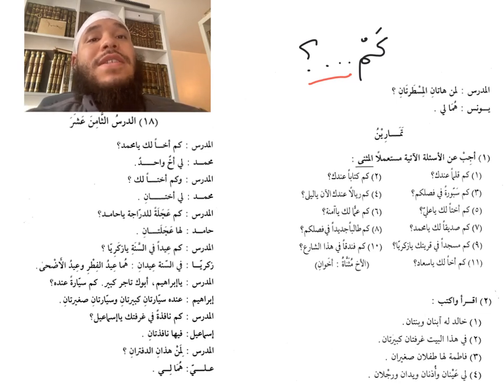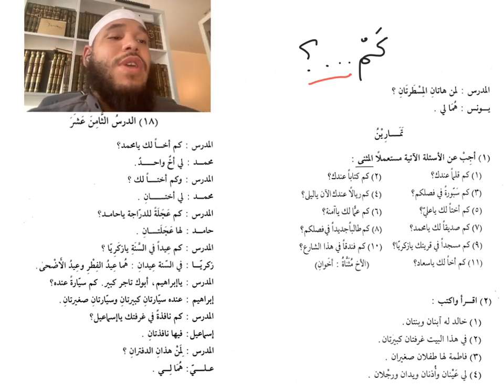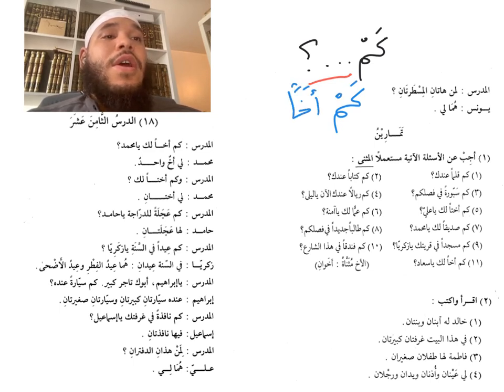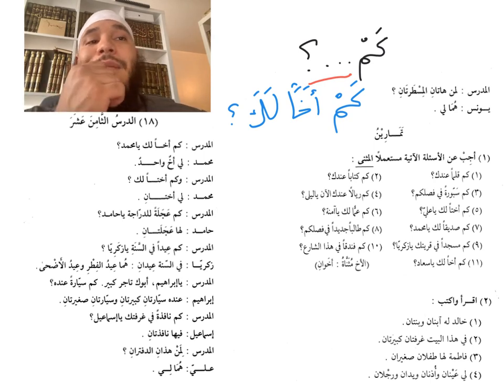Okay, so I say, if I want to say how many brothers do you have, I say kam akhan, like this, akhan, not akhun. Kam akhan laka, do you have. Remember, we use la for human as well.